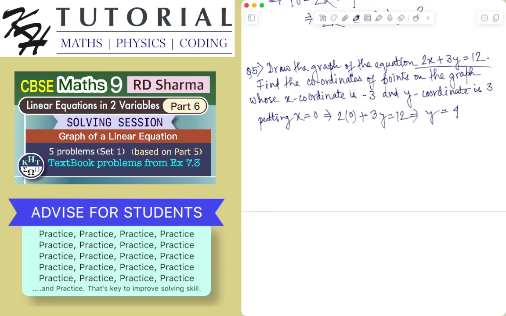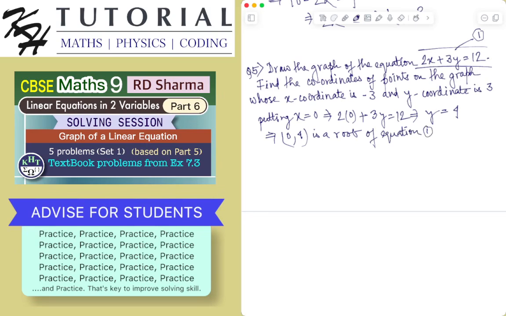Okay, now what did I get? This implies that (0, 4) is a root of the given equation 2x + 3y = 12. Let's say this is equation 1. (0, 4) is a root of equation 1.